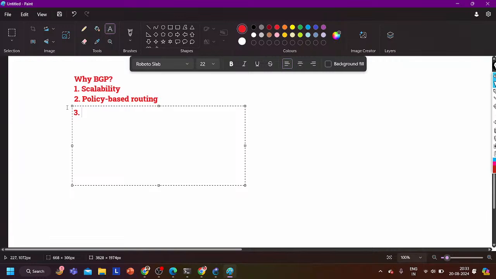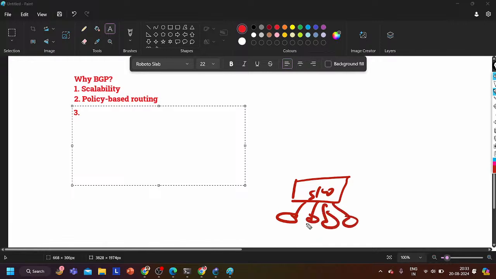Guys, let me tell you one scenario here. I have one router here, edge router R1. I have one network. This is my switch. Here I have some PCs and end devices, and these users want to access the internet. I can connect this switch to the router and then the router to the internet.